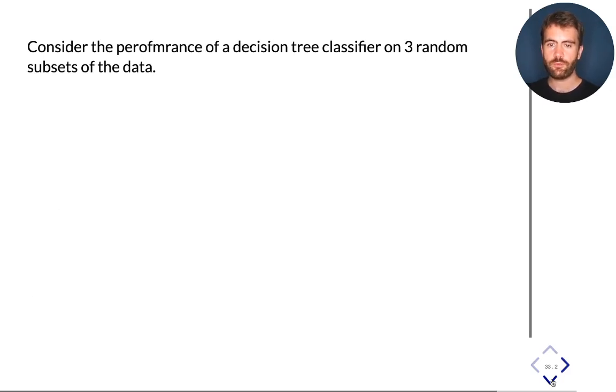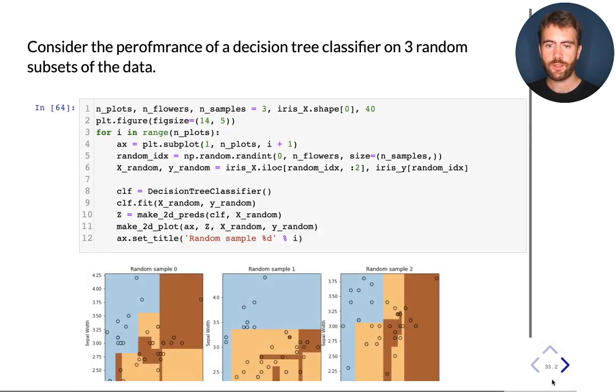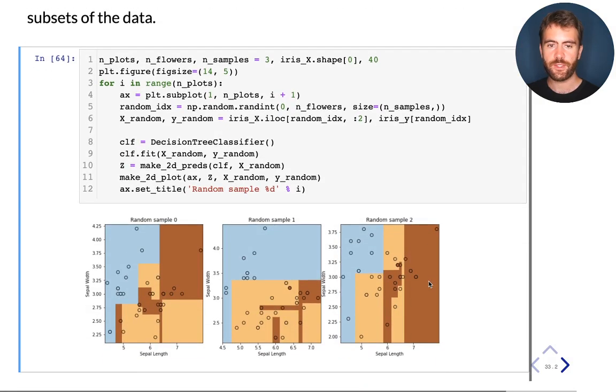One way in which we can visualize this is by taking random subsets of the data and training a different decision tree model on them. Here I am taking samples of 40 data points uniformly at random, and I am training a different decision tree on each of them.